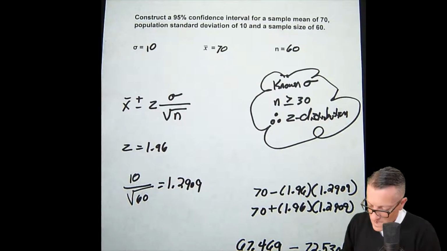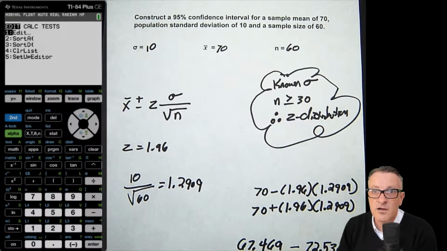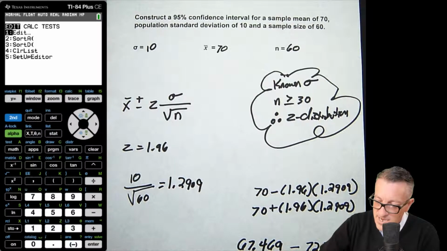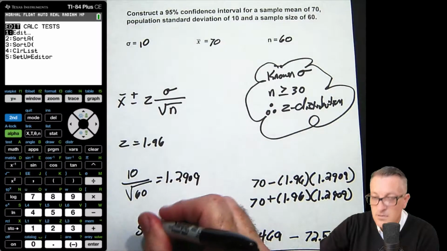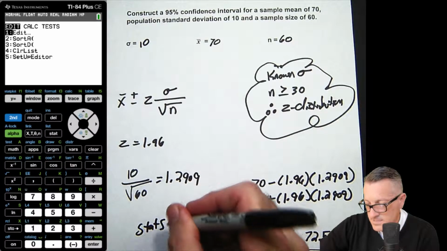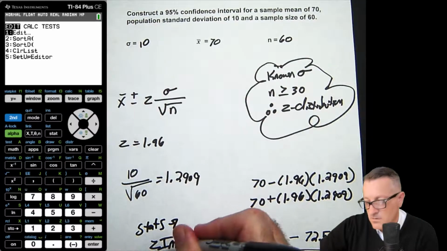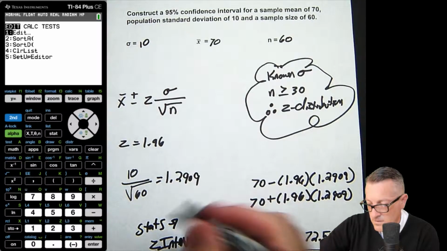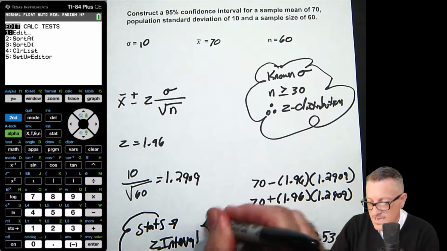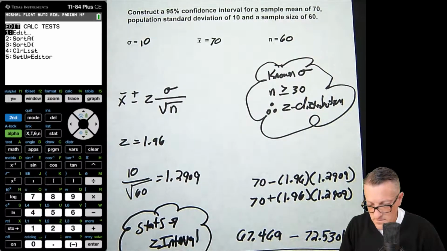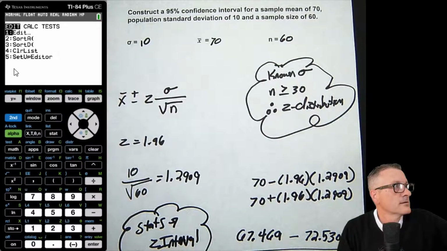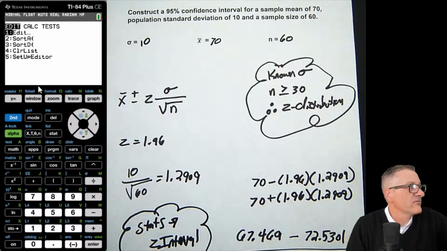But let's take a look at how we would do this on the TI-83/84 calculator. What we would do is we go to stats, and then the Z interval. Over here with the calculator, I have it on.